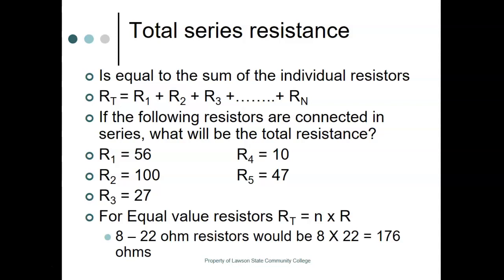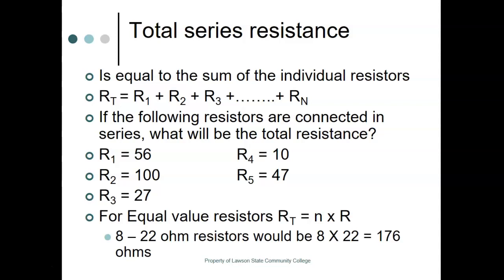Again, we have strings of like 1,000 Christmas tree lights on one string. That means that at any one point, each one is a resistor. So if you're trying to add each resistor, you're going to be adding a lot of resistors.